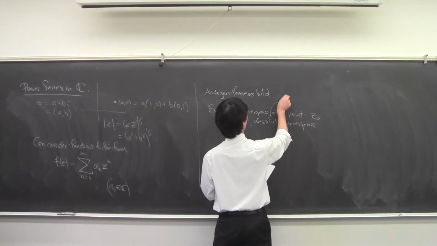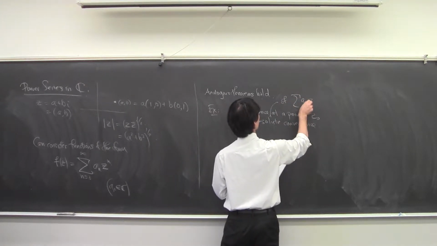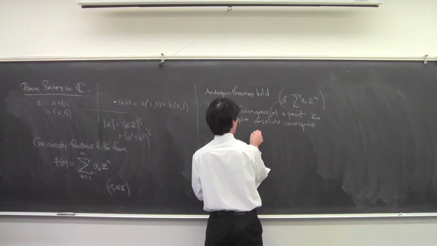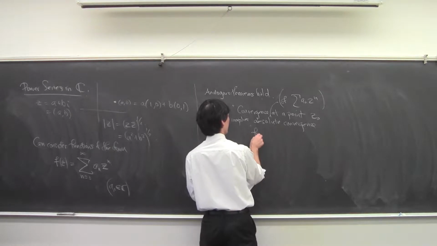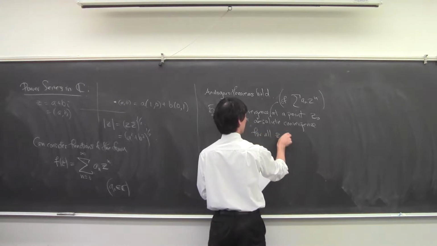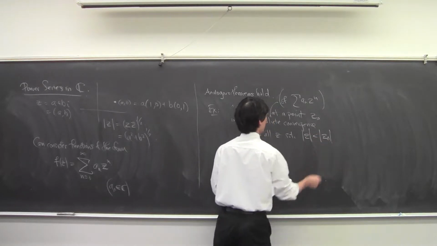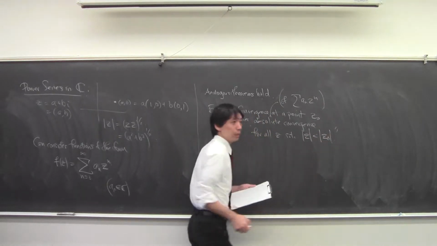So convergence of a power series centered at 0 at a point implies absolute convergence for all z of smaller size.